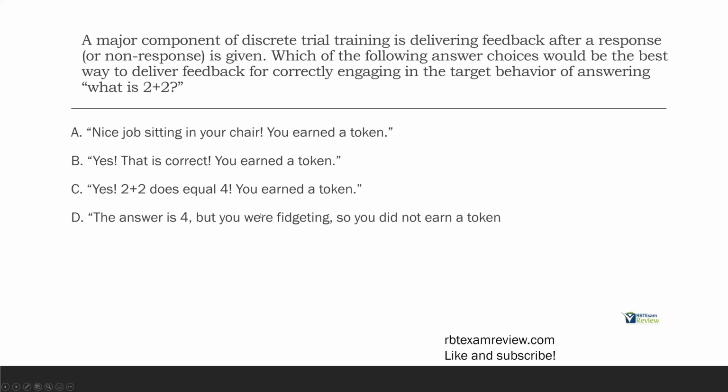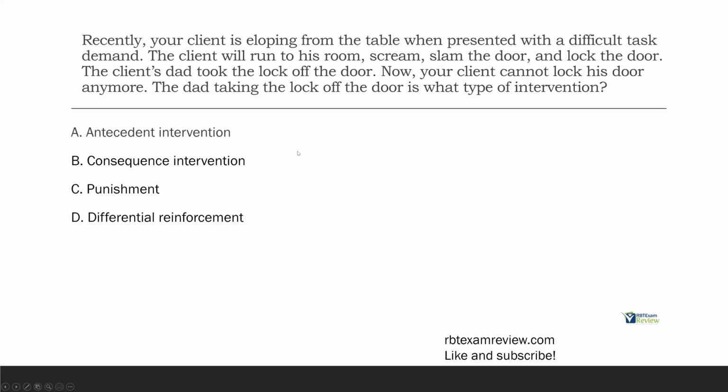Okay, we're not worried about the fidgeting here, right? Unless we explicitly say you can't fidget, which based on our information in the question, we don't know that. You can't not reward them for engaging in the target behavior. D is wrong. Our answer is going to be C because we specify and we reward for the right answer.